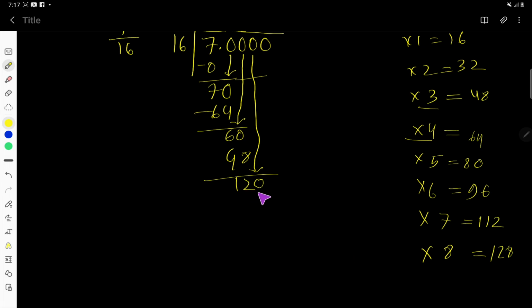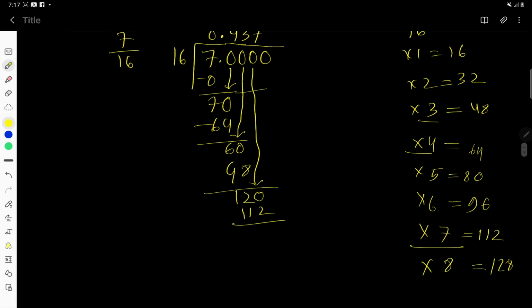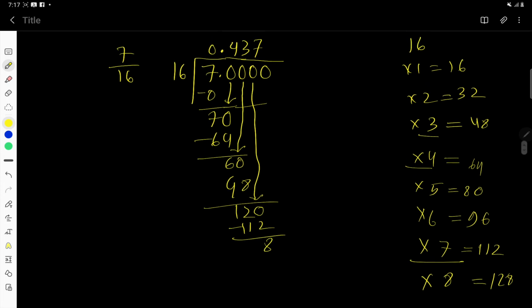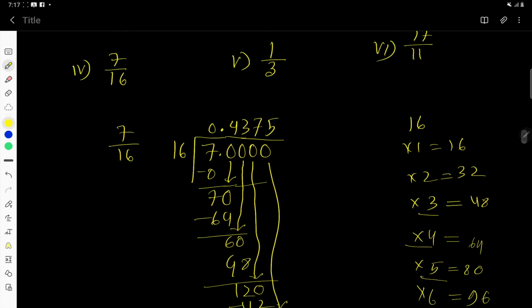But here we have 120, so we have to stop here. 7 times, we have to take here 7 times. 7 times 16, that gives us 112. So we are getting here 8 if you subtract. Now bring down this 0. So 80, 5 times, right? Write 5. Then we are getting 80, 0. So this is our answer.